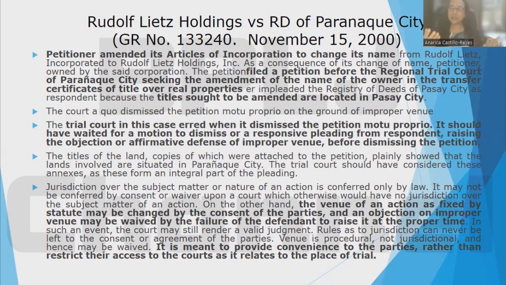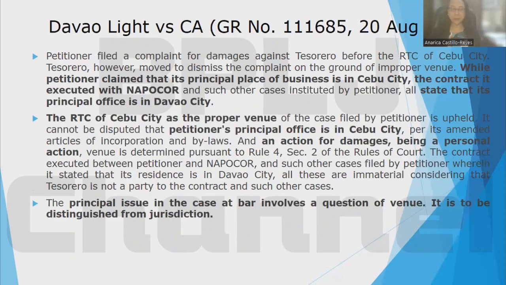Okay, because it is designed for convenience of the parties, the non-objection means that he is waiving his right to invoke dismissal on the ground of improper venue. So meaning he is agreeing that the case should be tried in the court, even though under the rules it is not the proper venue.